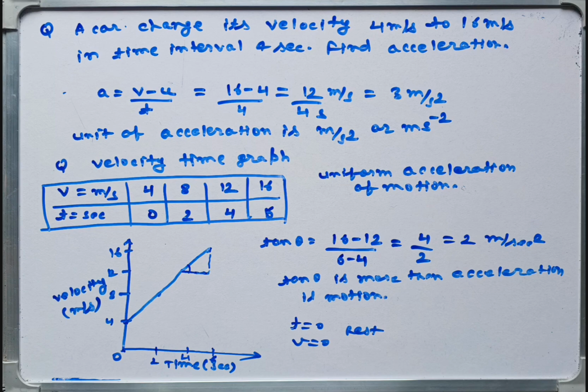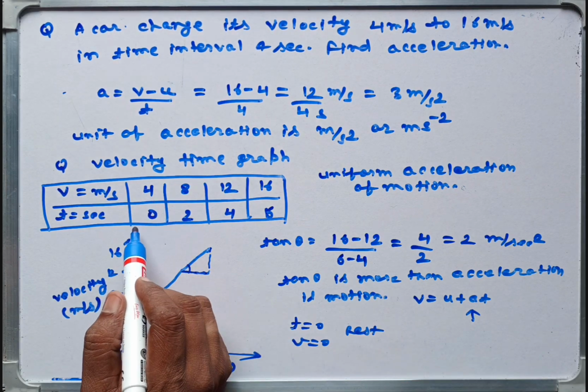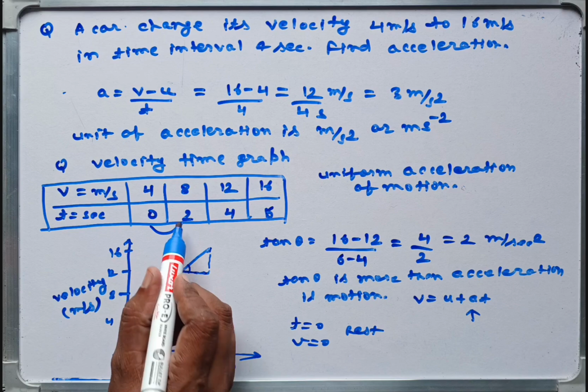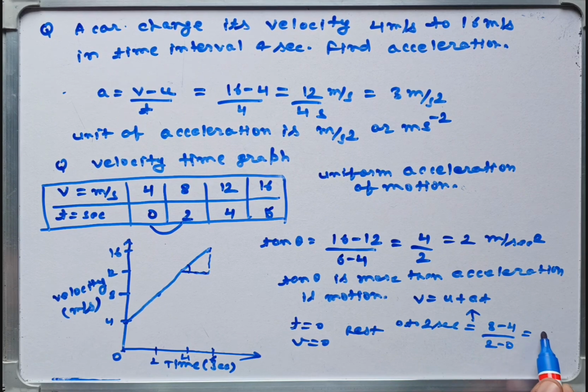Okay, now guys, here you can apply this formula, v equal to u plus at, when a is constant. Now if we calculate the value of a in each interval, then from 0 to 2 seconds, acceleration will be 8 minus 4 divided by 2 minus 0, which comes to 2 meter per second square.